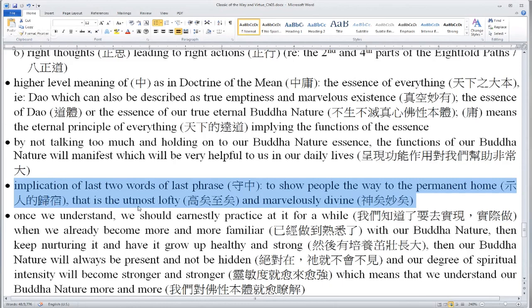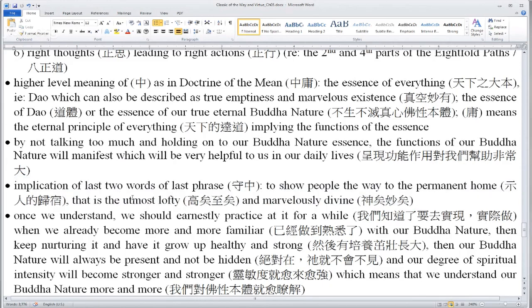That is the utmost lofty, 高义之义, and marvelously divine, 神意妙意. Utmost lofty means the highest, the most noble, the supreme.